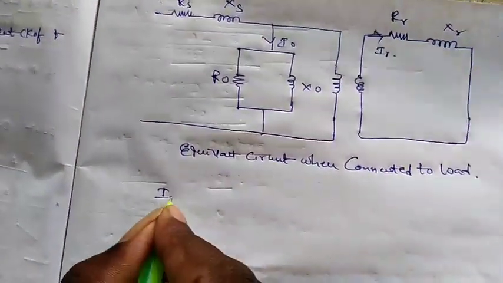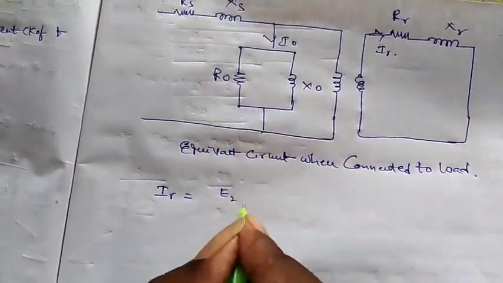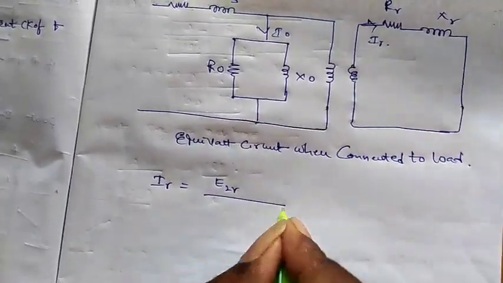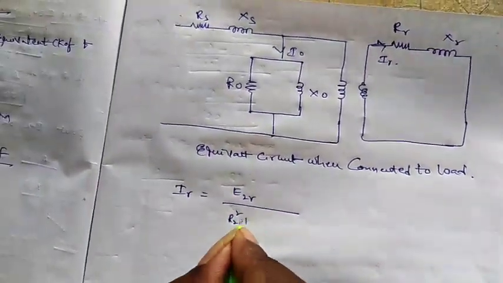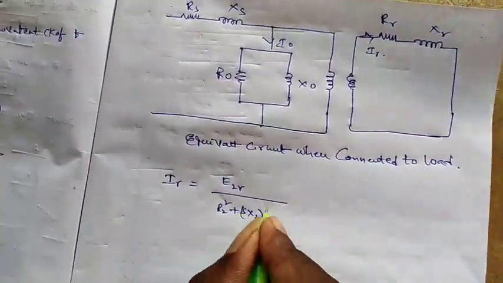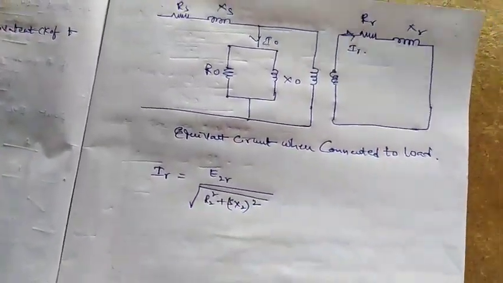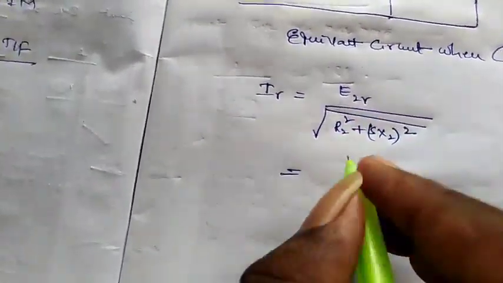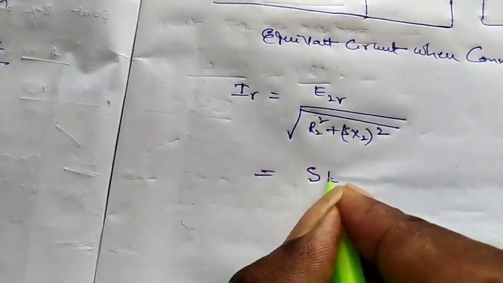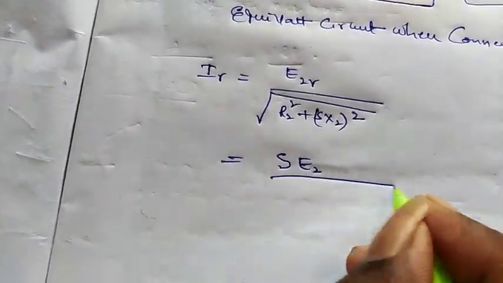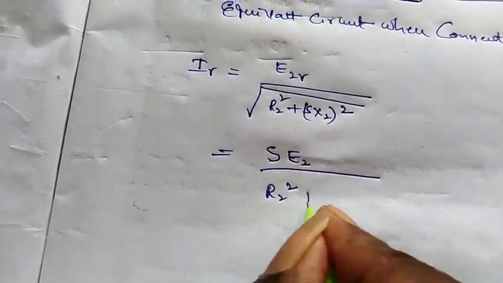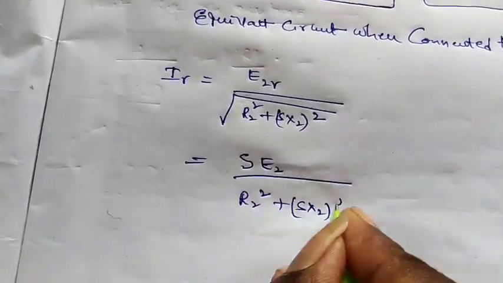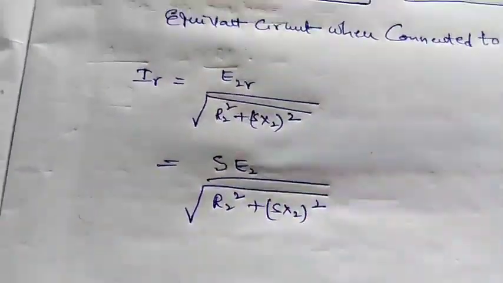So the formula for rotor current is rotor EMF divided by the square root of R2 square plus SX2 whole square. This derivation is very important to understand the principle. So what is the formula for rotor induced EMF? That is S E2 divided by the square root of R2 square plus SX2 whole square.